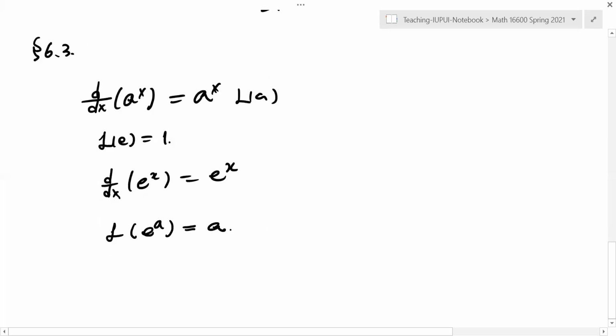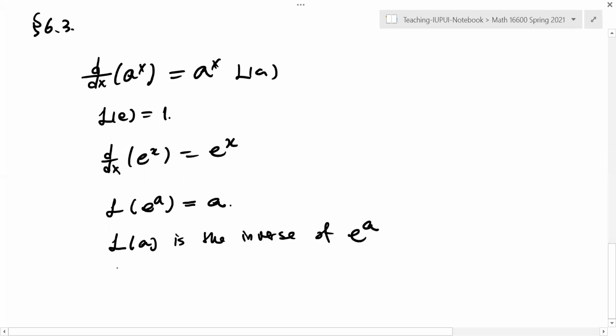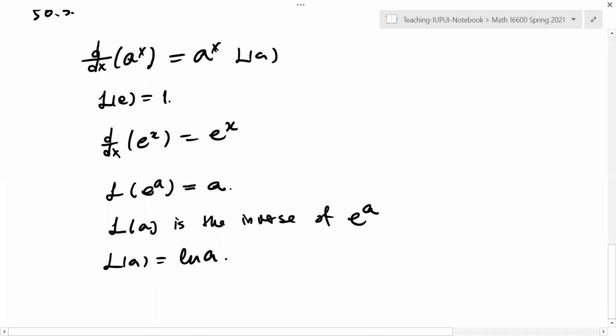So this L of a is the inverse function to e to the a. That means we denote L of a by the natural log of a. That's how we get the natural log function. That's the whole procedure, step by step: you know which one is first, the second, the third.